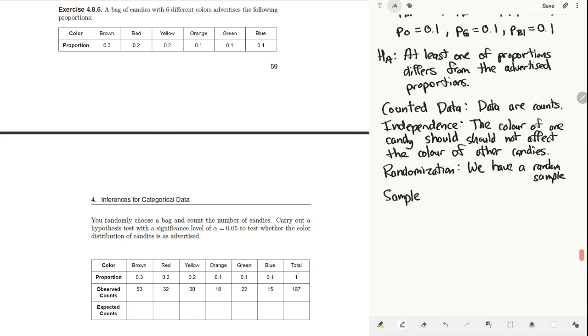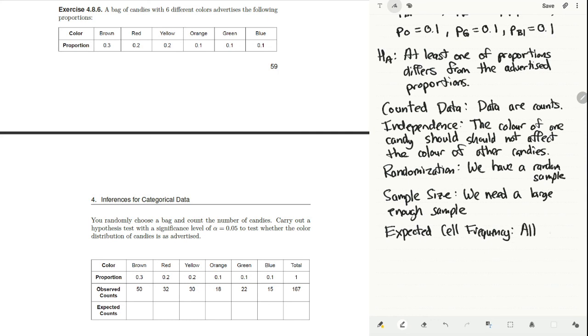And lastly, we check the sample size assumption. So we need a large enough sample. And we check the sample size assumption with the expected cell frequency condition.